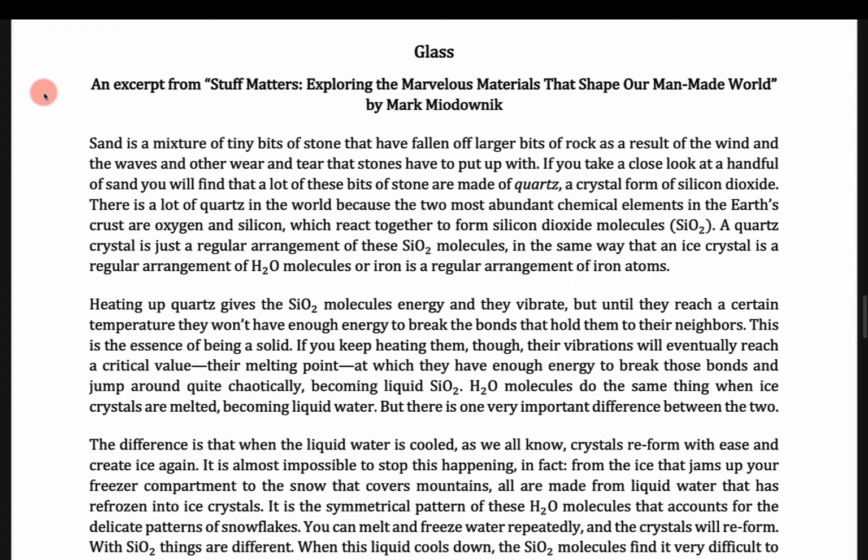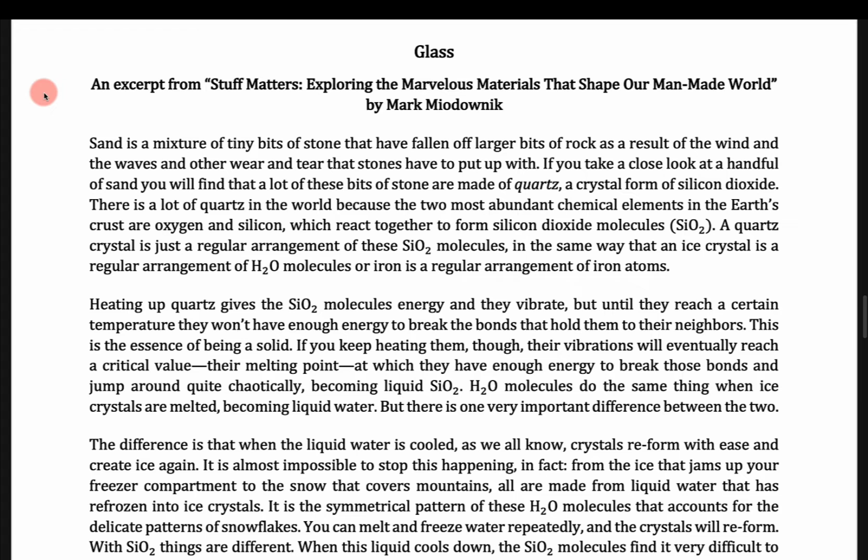Both of these excerpts are taken from the same book. The book is called Stuff Matters: Exploring the Marvelous Materials That Shape Our Man-Made World by Mark Miodownik. As the title suggests, the book gets into the chemistry of a variety of materials that we come across and use in our day-to-day lives, things like glass and graphite.